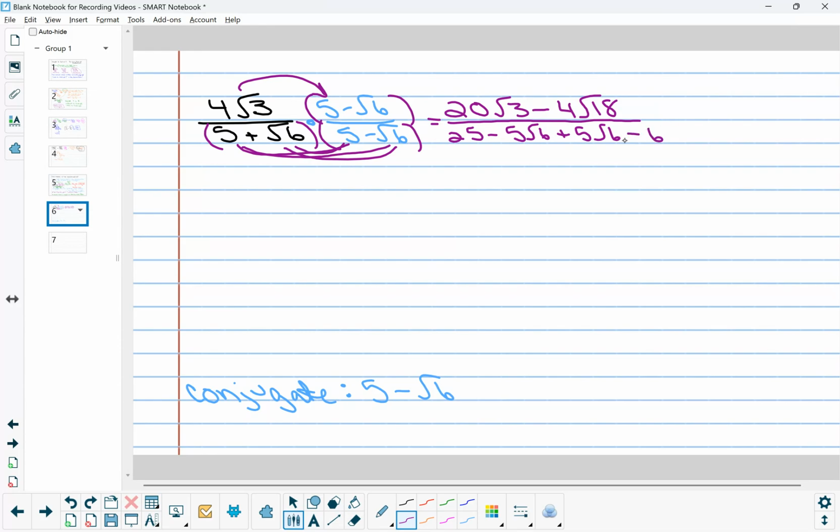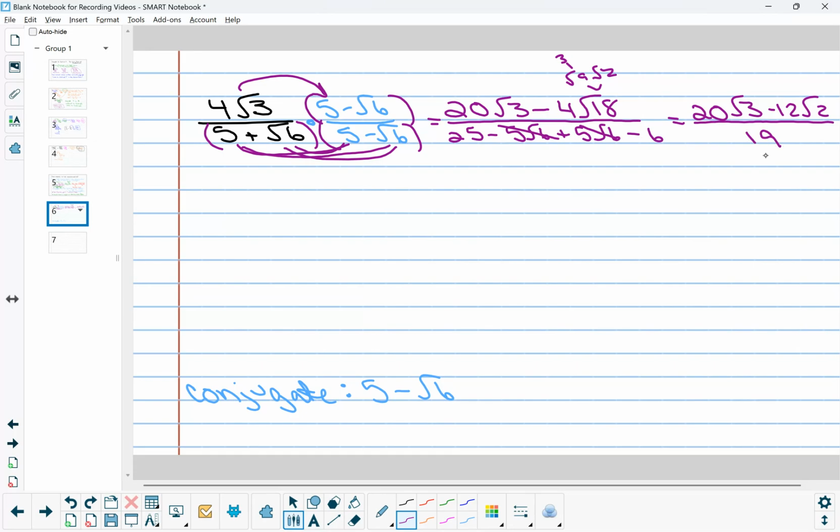Okay, so these will cancel out again. I just did a rad 18. What was this? Rad 9, rad 2. So this is a 3. So I've got 20 radical 3 minus 12 rad 2 over 25 minus 6 is 19.